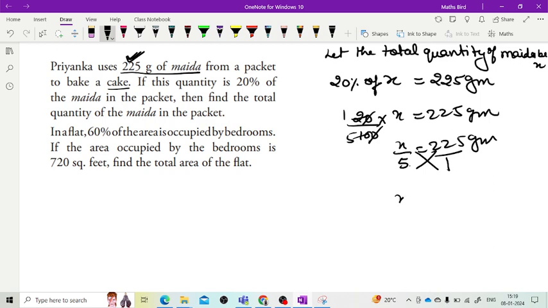After cross multiplying, it will be x equal to 225 into 5 gram.